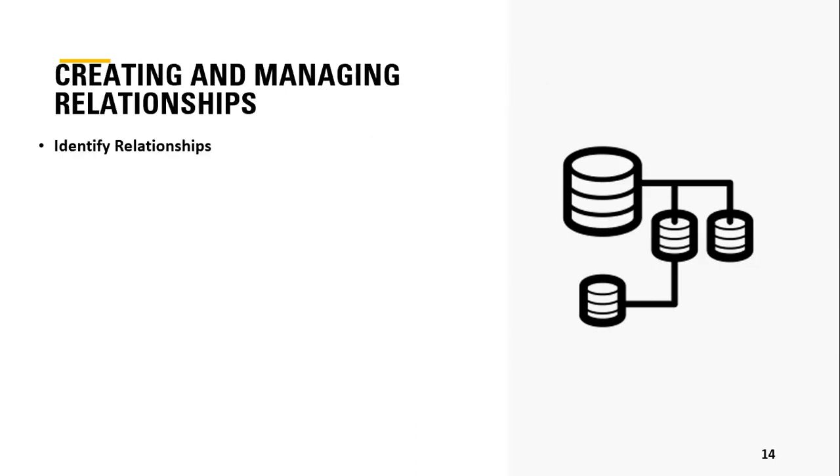So creating and managing relationships in Power BI Desktop has to do with identifying relationships. That's knowing the kind of cardinality, whether it's one to many. Identifying relationships is basically knowing where the two tables are related. The simplest way of doing this is the IDs, right?